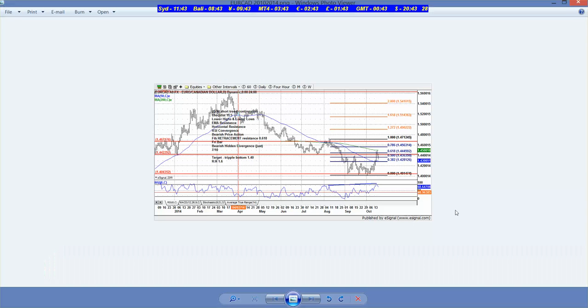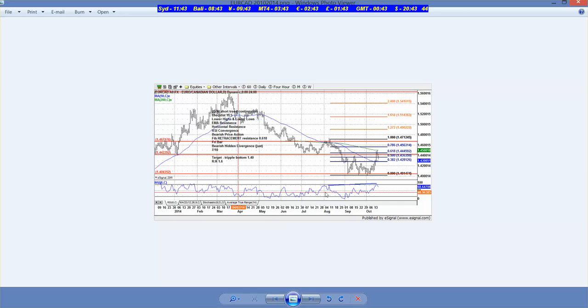Your analysis is all good. You've got the same levels I've got: lower highs, horizontal resistance, convergence, bearish price. Actually, you even have hidden divergence.